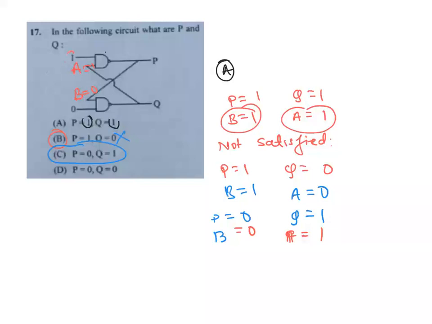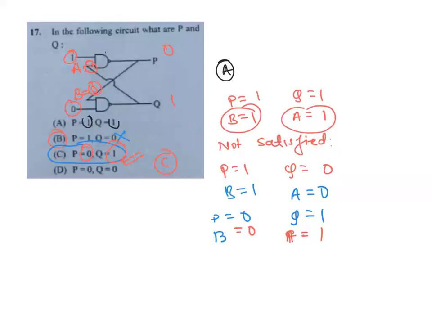The output of the NAND gate is how much? It is 1 for 0 and 1. And for 1 and 1, the output of the NAND gate is 0. So the condition is now satisfied: P equal to 0 and Q equal to 1. So option C is the right answer for this question.